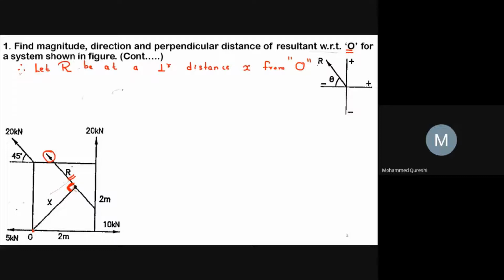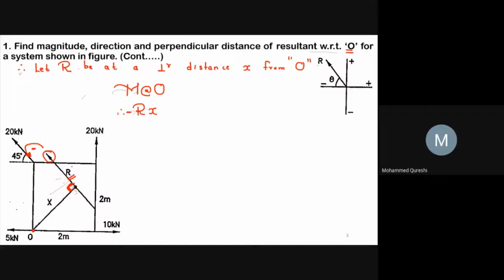Now we will go for moment, as we have to find the perpendicular distance of the resultant with respect to point O. Hence, we have to take the moment at point O. So, taking moment about O, our first term will be R, that is the resultant, into the perpendicular distance x, and this Rx moves about point O in the anti-clockwise direction, hence it will be negative.